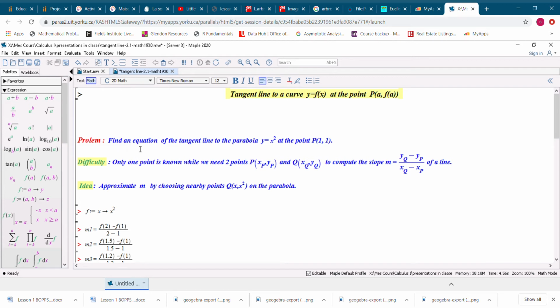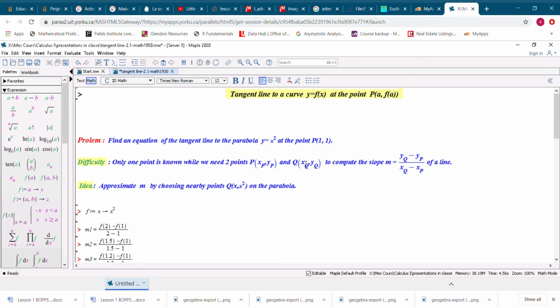So we will consider the parabola y equals x squared and the point 1, 1. An idea is: if P has coordinates 1, 1, and I consider points Q on the parabola that are close to P, I can always join the two points by a secant line that has a slope.